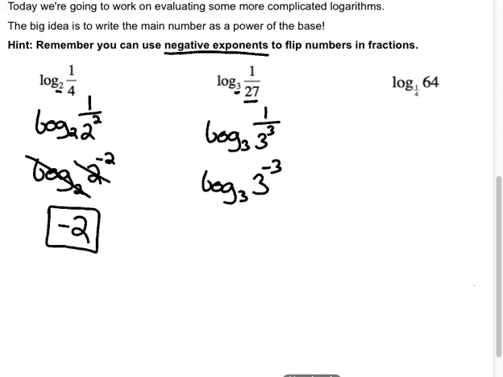Now those bases perfectly match. So now I'm able to slash them off and just be left with that negative 3. 3 to the negative third power is going to give me that 1/27th.